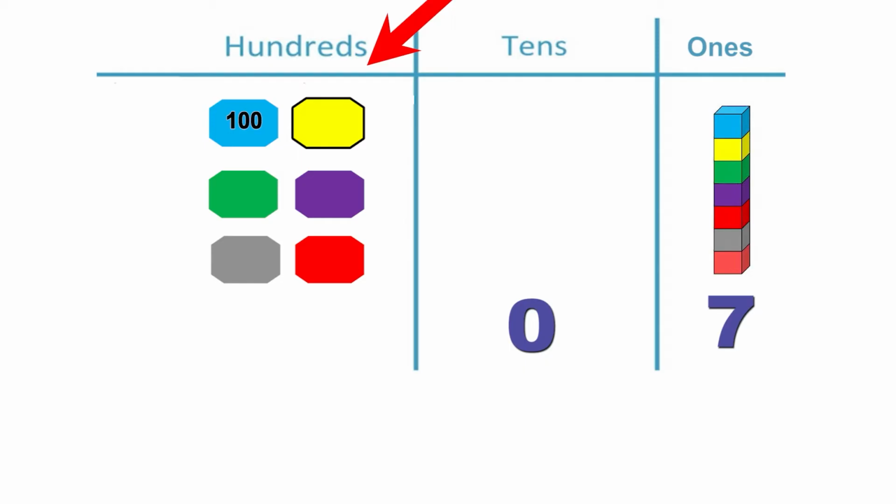We have 100, 200, 300, 400, 500, and 600. Very good. Now the number 600, when we write it in this column, is going to be represented by the number 6. So the number here will be 607.